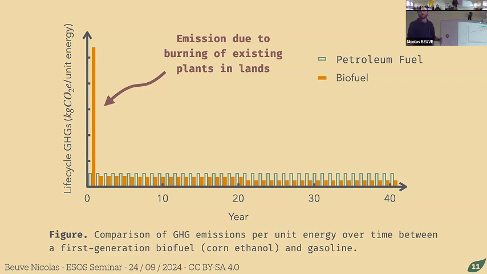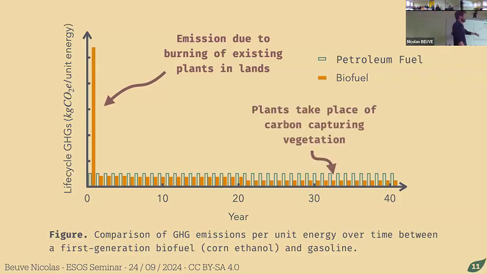But then, as you're using your land to produce biofuel, you don't have to get rid of plants because you already did it, and you use the plants you planted the year before. And here, the impact decreases, but is not null because you're taking the place of other vegetation that could capture CO2. So you're still not really emitting CO2, but you're not capturing CO2 that you could capture.